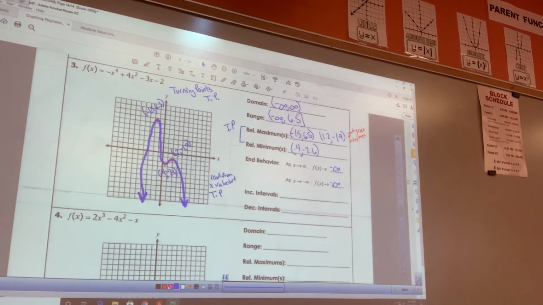Okay, so that means this function is increasing all the way from negative infinity to where? Where does it stop? Does it stop increasing here? No. It goes all the way to that turning point, which is at negative 1.5. So that's where it's increasing.